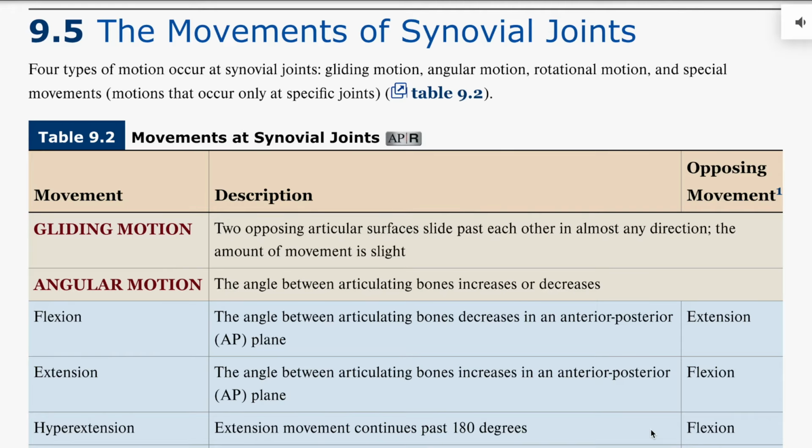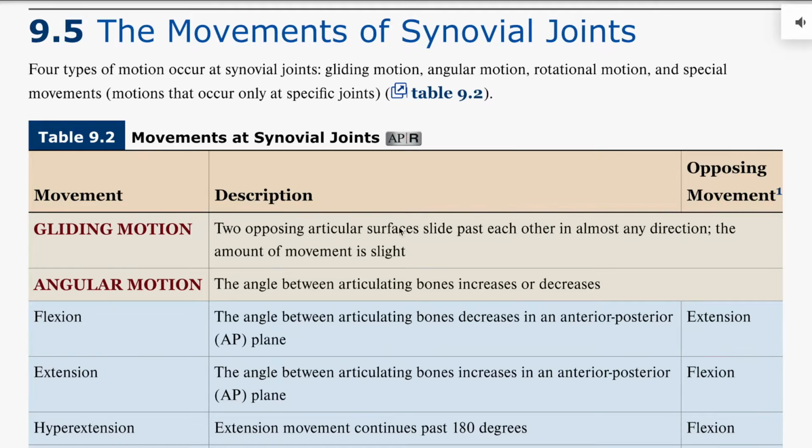Okay, so here we have this super useful table, 9.5, the movements of synovial joints. And you might be saying, well, this isn't even in the muscular system chapter, but it actually ties together the skeletal system and the muscular system.